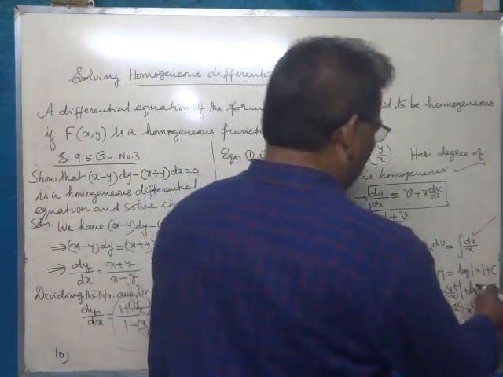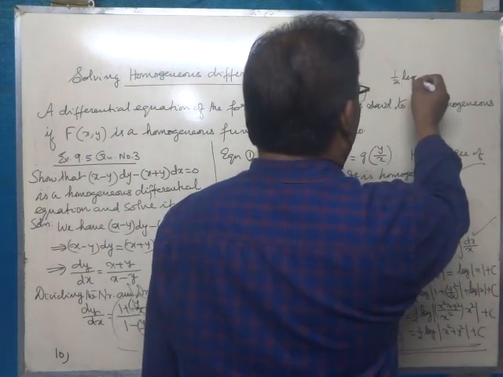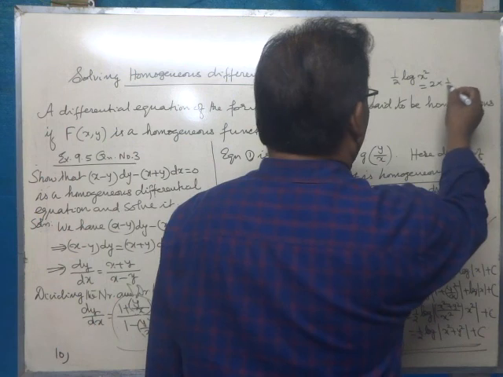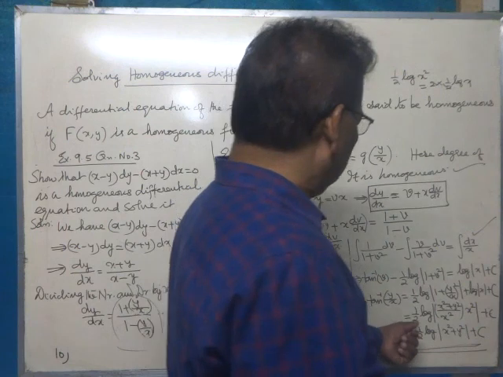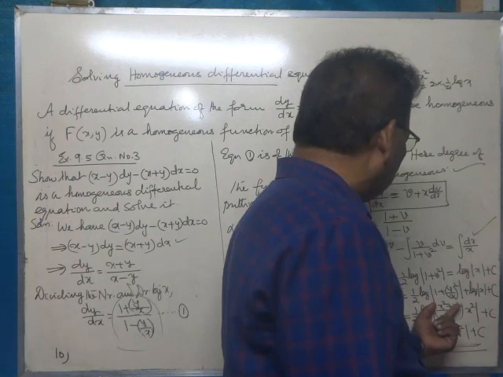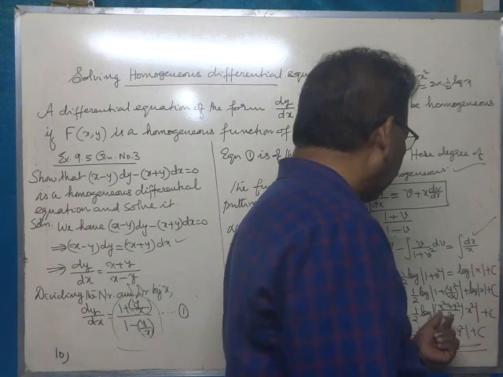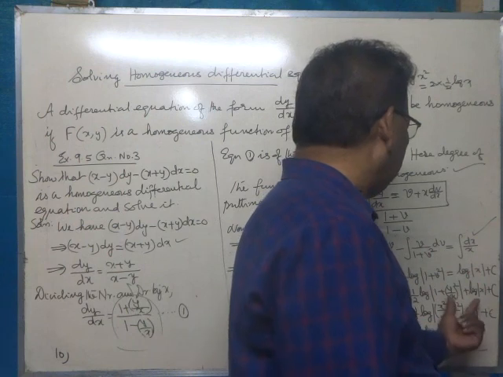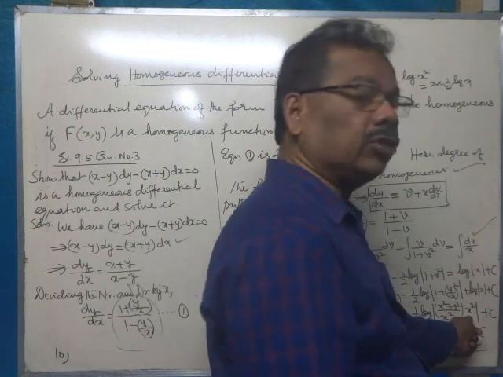Here half log x square is equal to 2 into half log x, that is the same. Therefore we can write half log modulus (1 plus (y by x) all square) plus log x as half log of (x square plus y square by x square) into x square. Log a plus log b is equal to log ab. As there is a half here, we have to write x square instead of x.